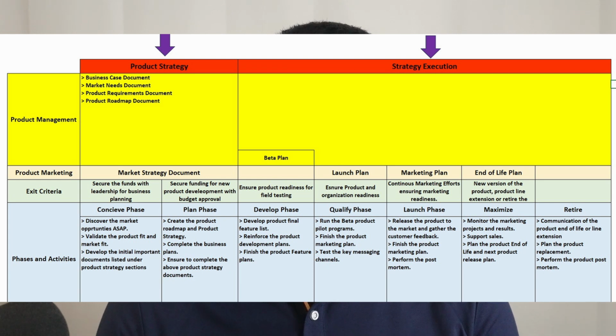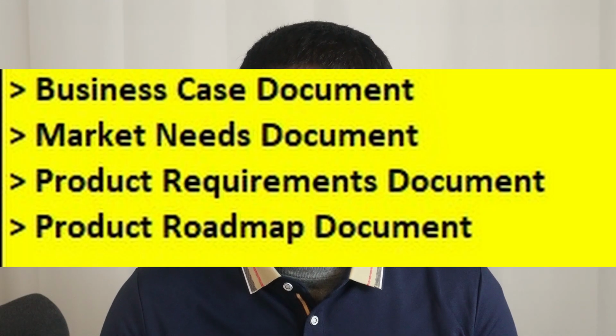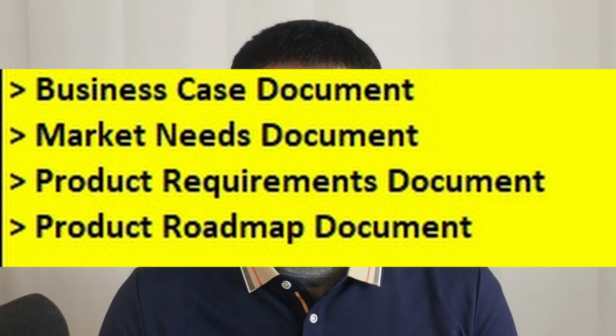Or it could be a scientific research discovery, such as a published academic paper on a new technology. At this stage, you create the early documents: the business case, market needs document, product needs document, product roadmap, and marketing strategy for this new product.